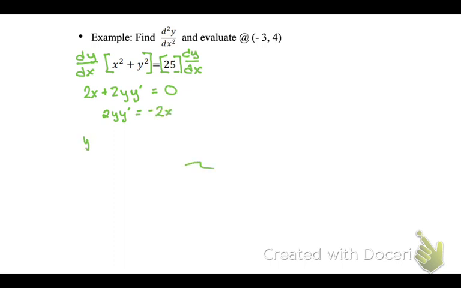So y prime equals negative 2x over 2y. So it equals negative x over y. Okay? So then we do what again? Take the dy/dx.